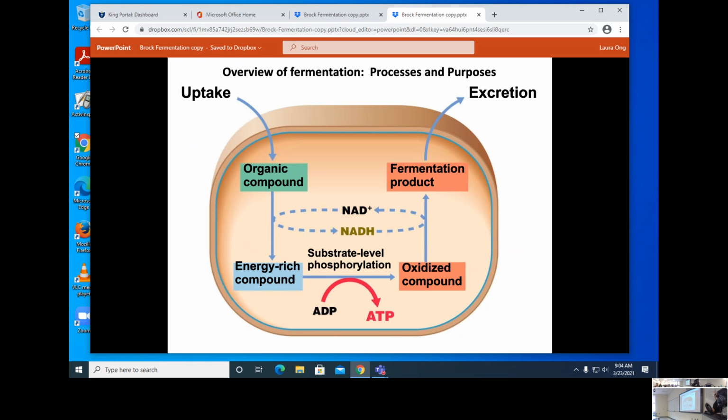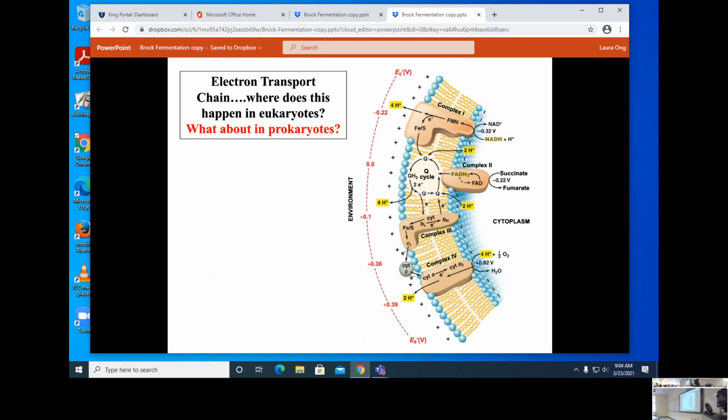If you don't have the final electron acceptor like oxygen for us or nitrate for microbes, all the electrons get backed up in the electron transport chain. All of these are stuck holding the electrons that they've got, and NADH cannot dump electrons into this system.